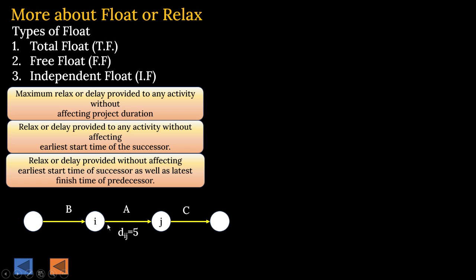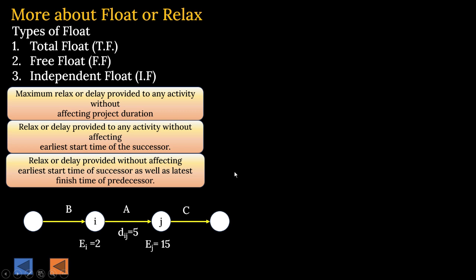Here you can see there are three activities. A is one, which starts from the ith node and finishes at the jth node, and the duration dij is 5. Now some more information is provided: for node I, the earliest start time is 2, and for node J, the earliest finish time is 50.